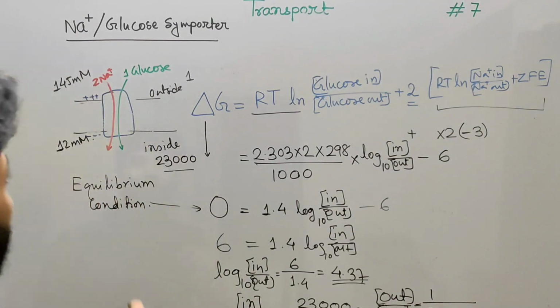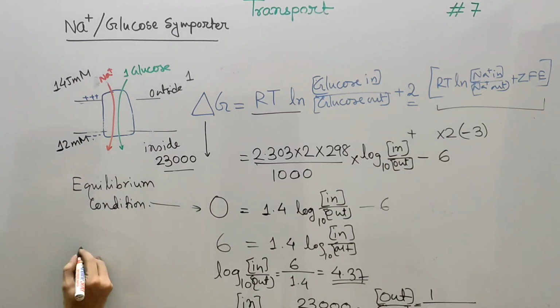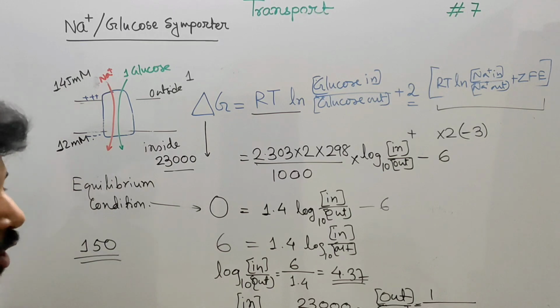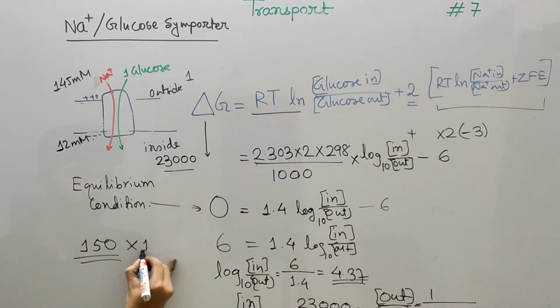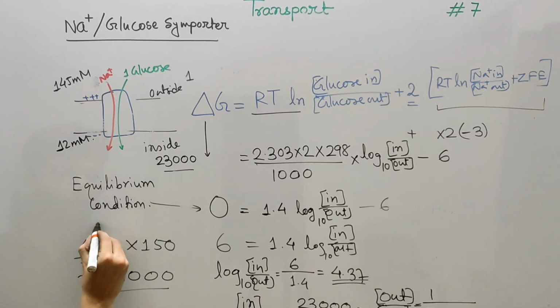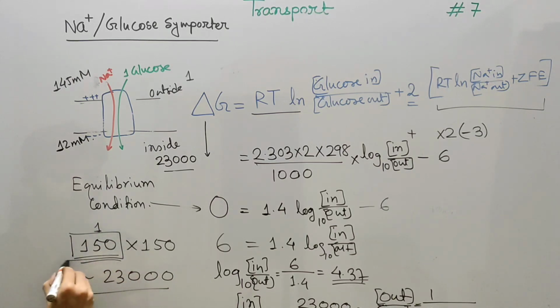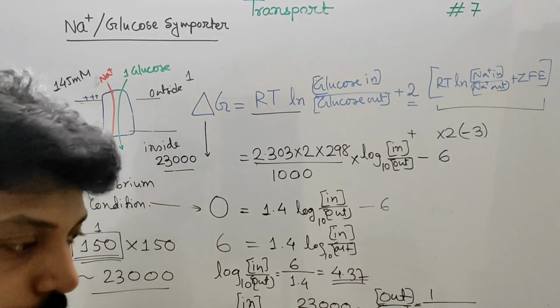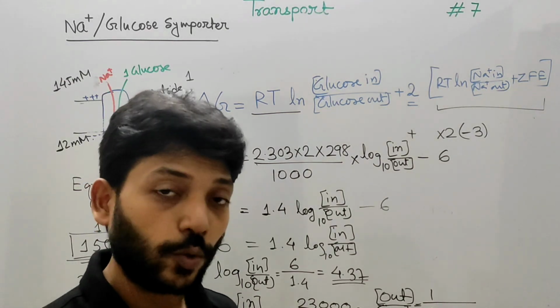But what will happen if only one sodium moves through this Symporter? Then only a 150 fold concentration gradient can be created, because if you multiply 150 with 150, you get approximately 23,000. That means if only one sodium is moving, it can only generate a glucose concentration gradient of about 150.